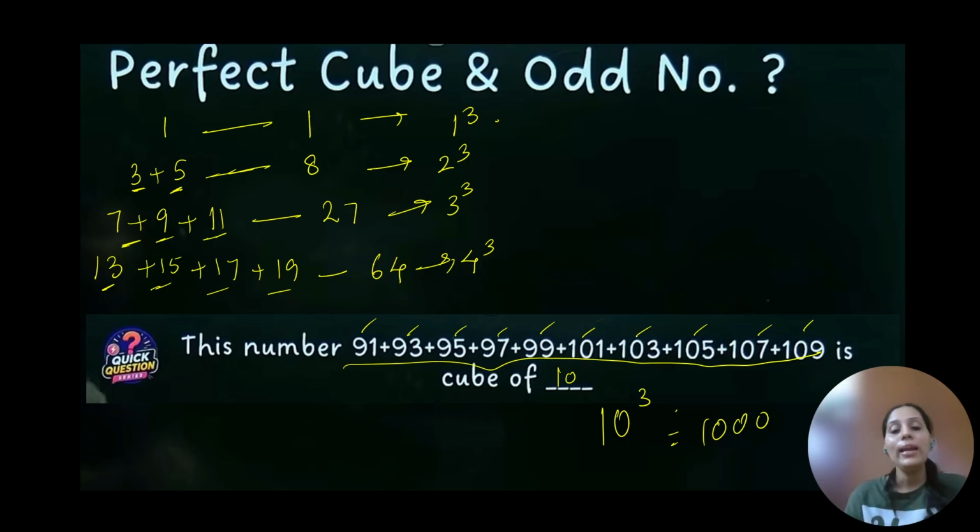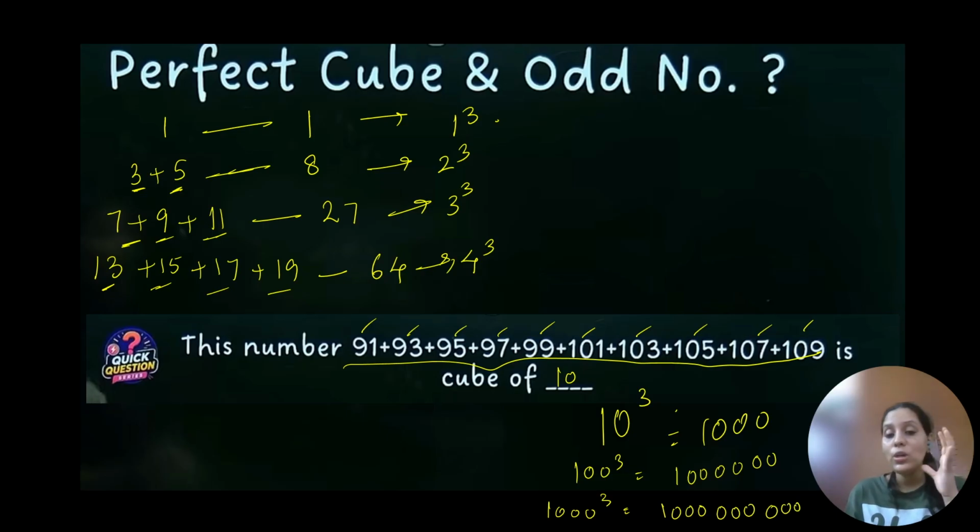Okay. Now let us explore the cube. See, 10 cube is 1000. If I take 100 cube, you will add 3 times 2 zeros: 1, 2, 3, 4, 5, 6. If I take 1000 cube, you will add 3 zeros 3 times because it is a cube: 1, 2, 3, 1, 2, 3, 1, 2, 3. So if you see the pattern, 3 zeros, 6 zeros, and 9 zeros.